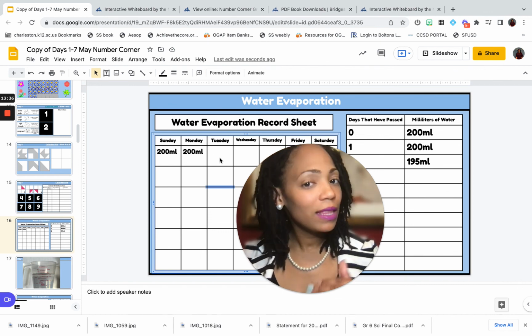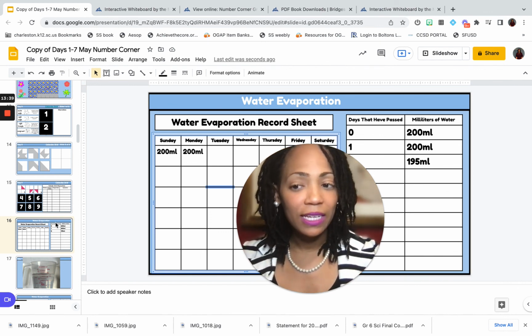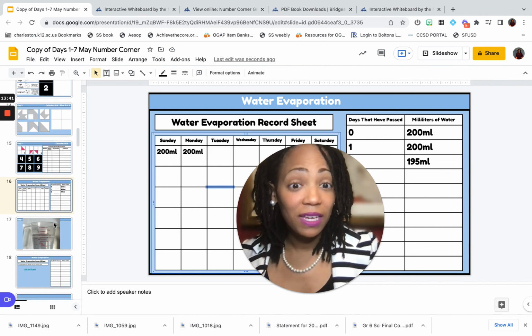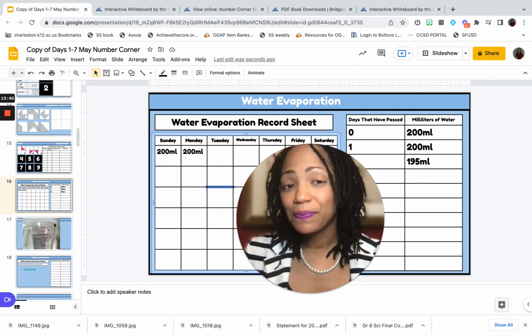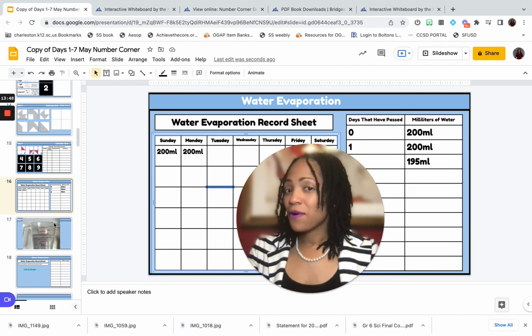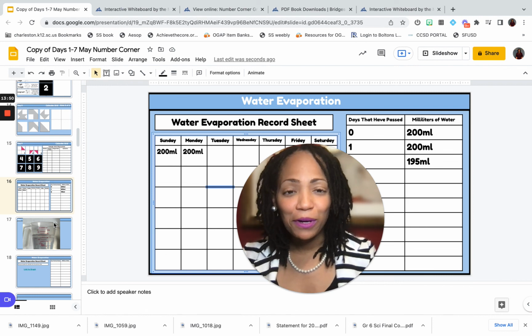So not that much water has evaporated, but pretty significant from yesterday. So I wonder what's going to happen next. Well, I guess we'll have to find out on day 3 of Number Corner, which is tomorrow.